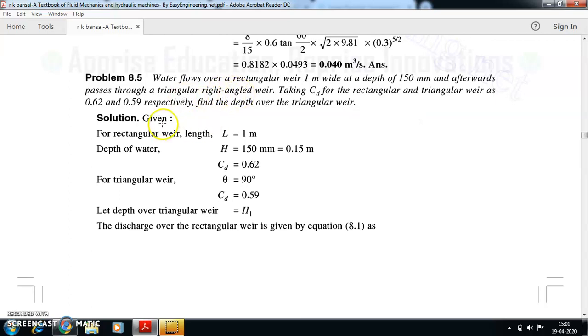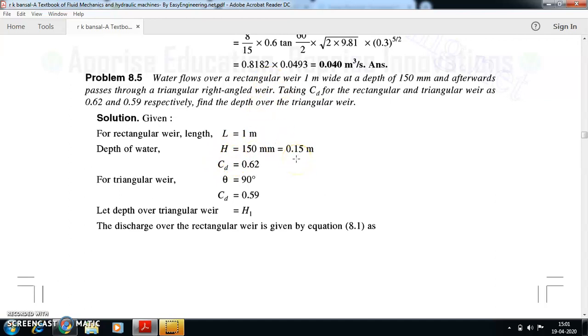So let us see what data are given to you in the problem. You have the length of the rectangular weir, which is 1 meter wide, so L is given to you. Depth of the water over the rectangular weir is 150 millimeter, so your H connected with the rectangular weir is given to you.